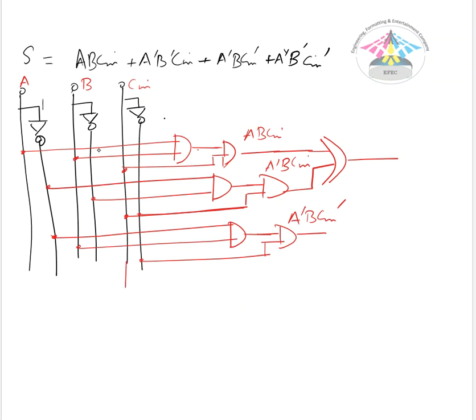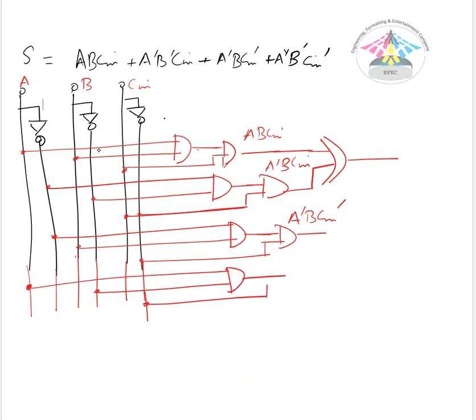Similarly, for the fourth term, let me make it lengthy. Okay, so here we would have A. So this is A, this is our B dash, and finally, we have to end it with the Cn dash.